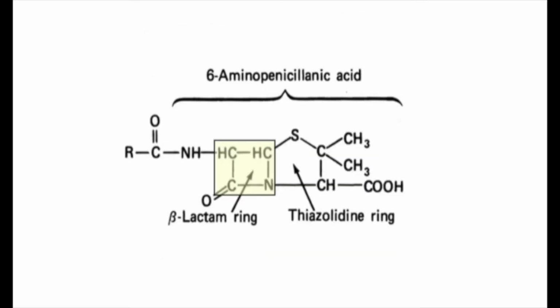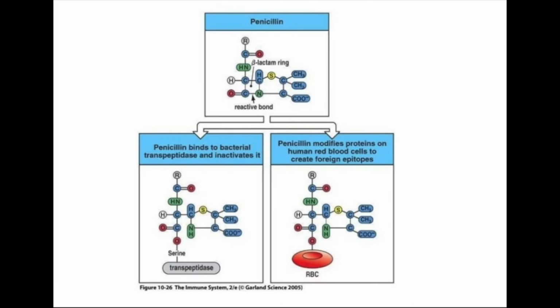Beta-lactams are called so because of their structure. They contain 6-aminopenicillanic acid, and they have a beta-lactam ring. This is a standard structure in all of these antibiotics, and what changes is the groups around this ring. Penicillins, specifically at the site of the beta-lactam ring, bind to the transpeptidase enzyme and inactivate it.